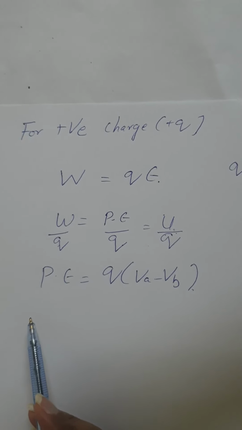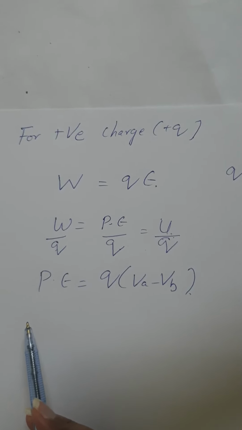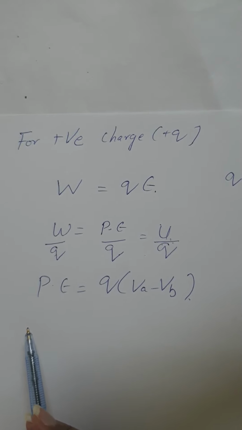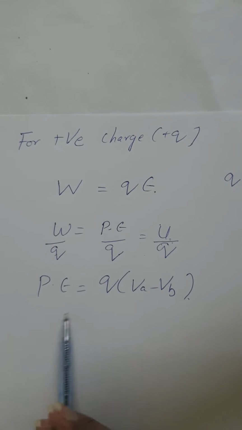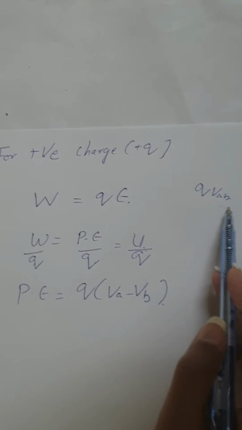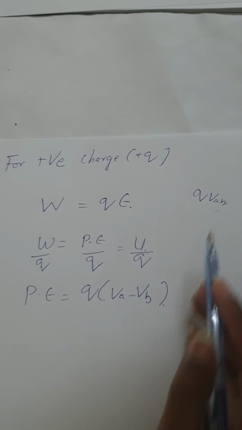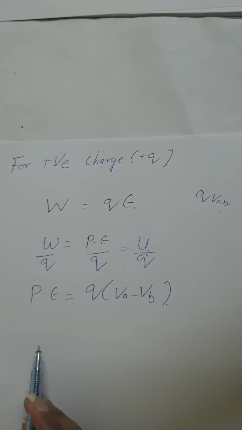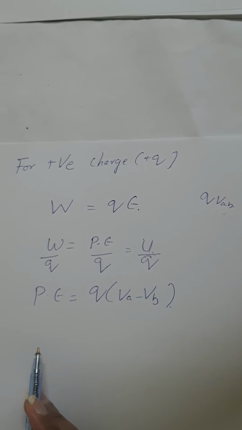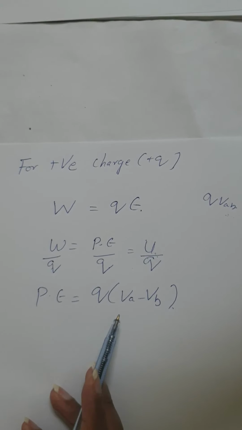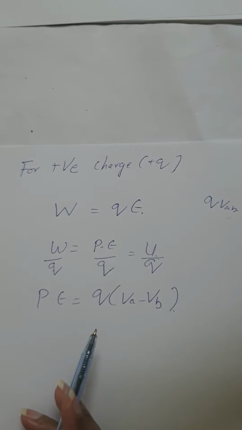And this potential energy associated with the charge increases by an amount equal to Q Vab, where Vab is Va minus Vb, the potential of point A with respect to point B.